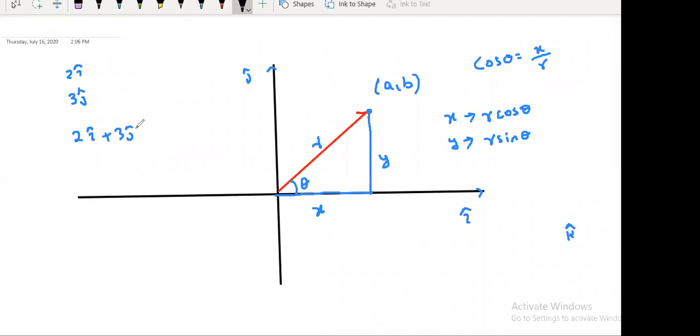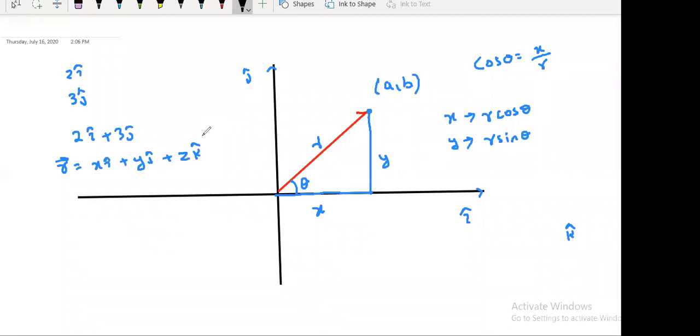Yeah, very good. So I can say that a vector can be represented as x i cap plus y j cap plus z k cap. Right? This is the direction of a vector in x-axis, y-axis, and z-axis. I cap just represents a vector in x-axis.